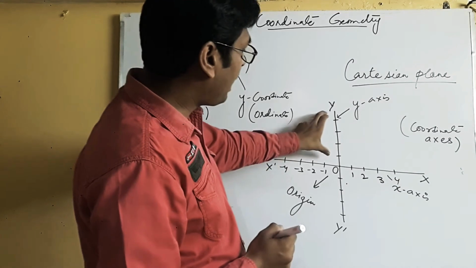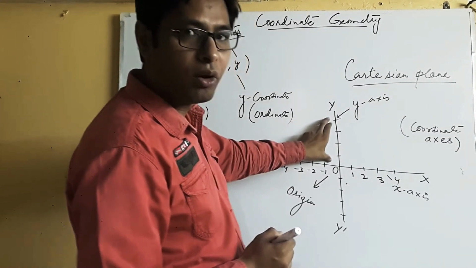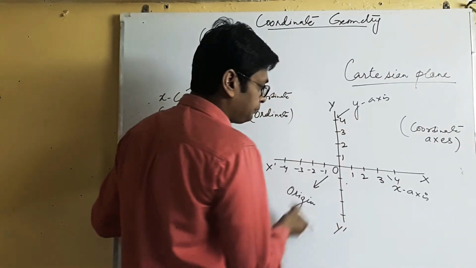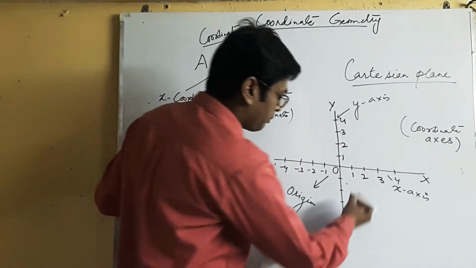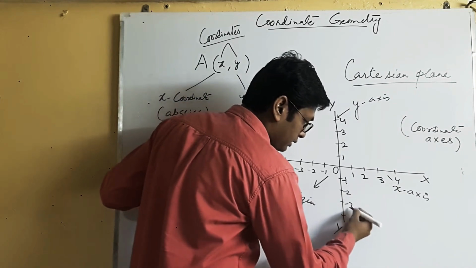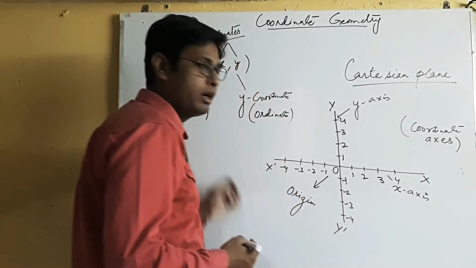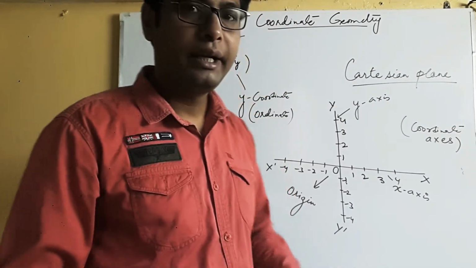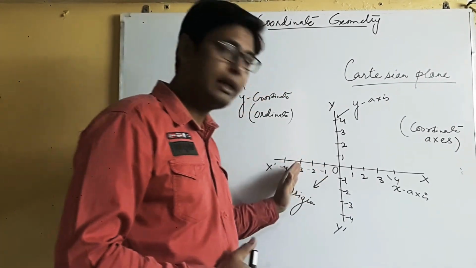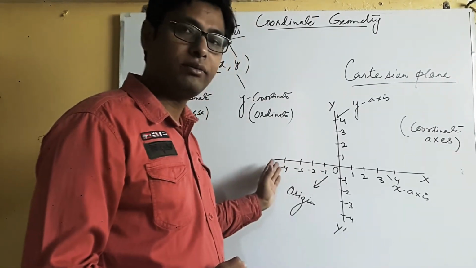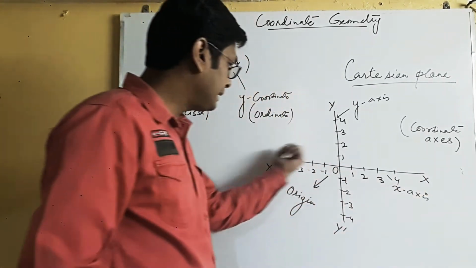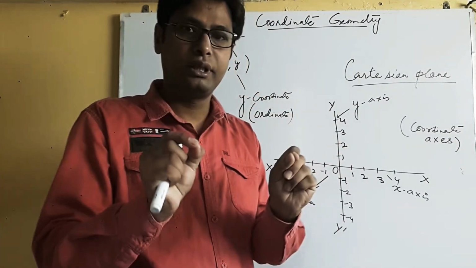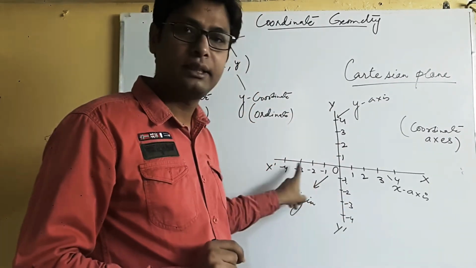Similarly, the upward, the top part of y-axis is the positive one, 1, 2, 3, 4, and the downward part is minus 1, minus 2, minus 3, minus 4. Now this minus sign doesn't show negativity, it is just showing the opposite part of that. If it is positive, then it is the negative, just to show the difference. That's why we have taken it as minus.